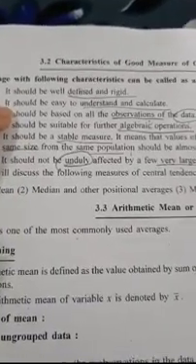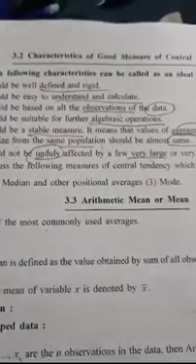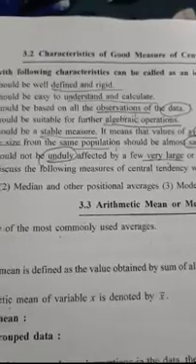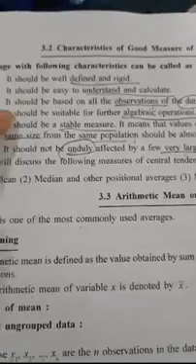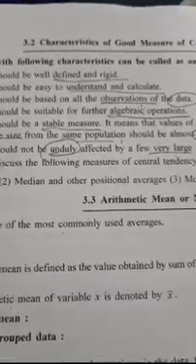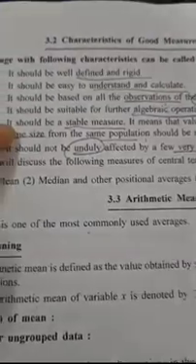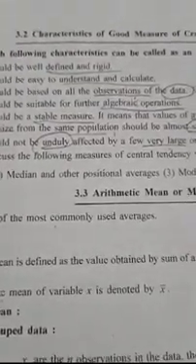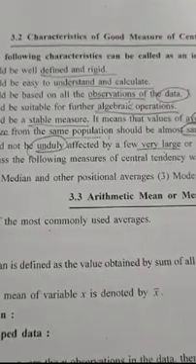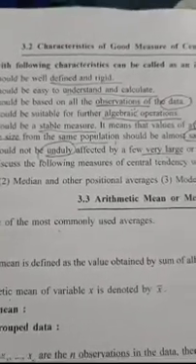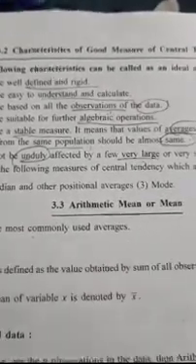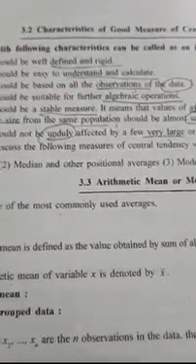Data should be understandable and calculable. Data should have the calculation on each and every observation. Then it should be suitable for the calculation part. It should have a stable measure, and all the observations should have the same property. Then it should not be affected by very small or very large observations.